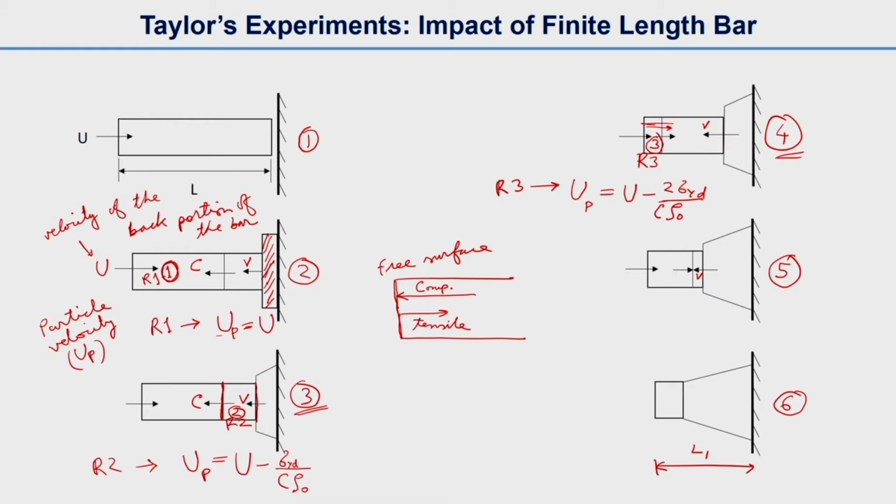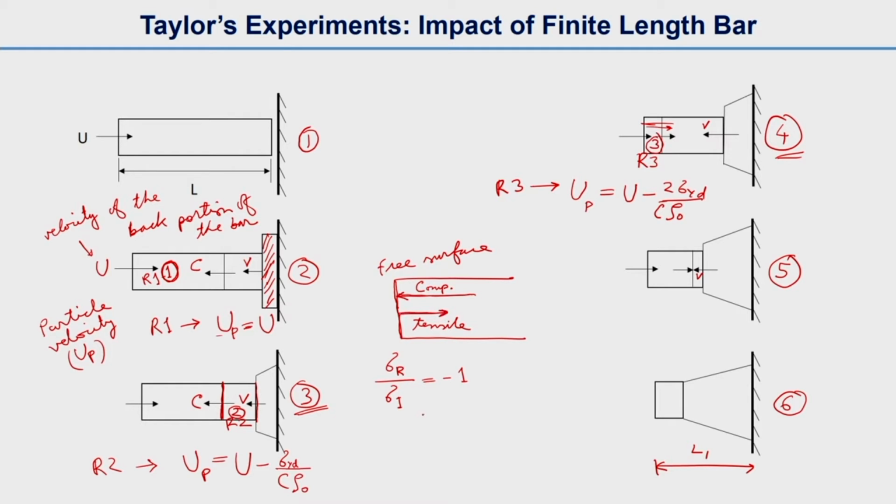In an earlier lecture, we showed that the ratio of the reflected stress to the incident stress is -1. That means for a free surface, a compressive wave will reflect back as a tensile wave.